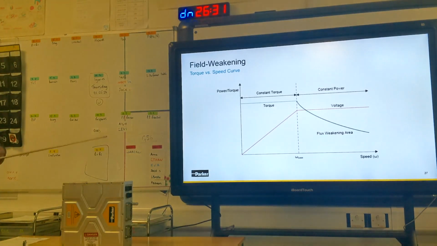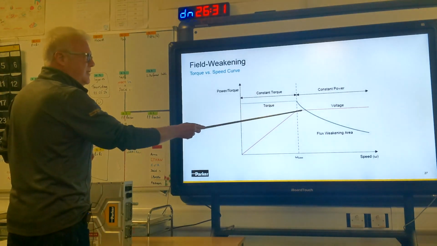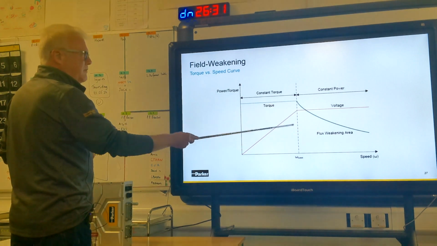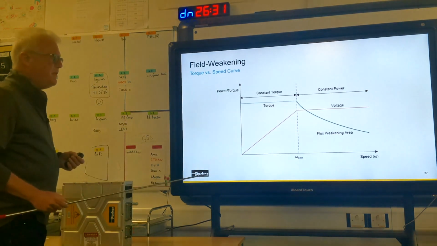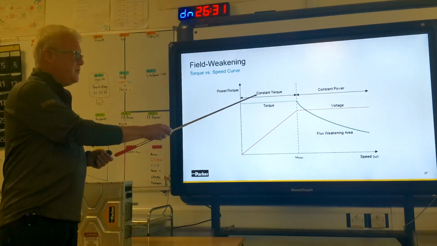But because I've reduced the flux in the machine, I've changed the torque constant, so for the same current, I can't get the same torque anymore. And you tend to find you have this curve here where the voltage of the machine stays constant, but the torque starts to drop off. The point at which this happens, we call the motor base speed. And for obvious reasons, we call this region the constant torque region.